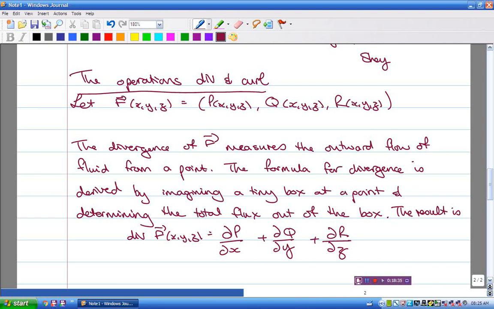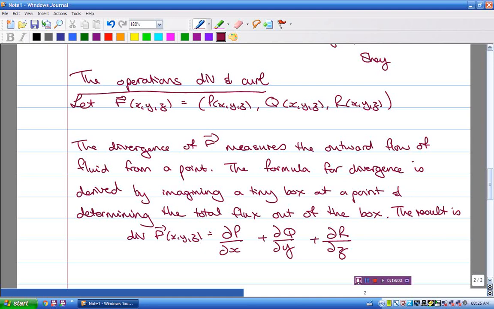I suppose it could be a function of 2, but we generally deal with 3 dimensions. It's flux out of a point, and it makes sense in real life terms to look at it in 3 dimensions. So F is a function of x, y, and z. P, Q, and R are functions potentially of x, y, and z. dP by dx plus dQ by dy plus dR by dz gives you div F.